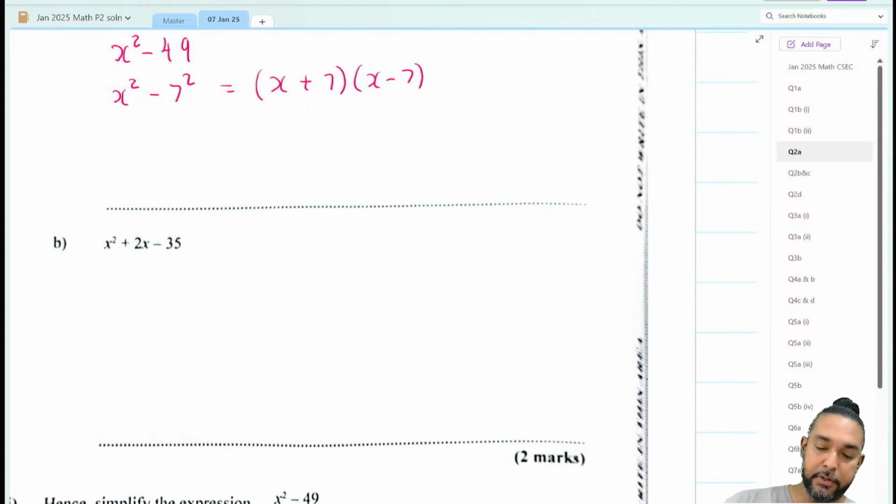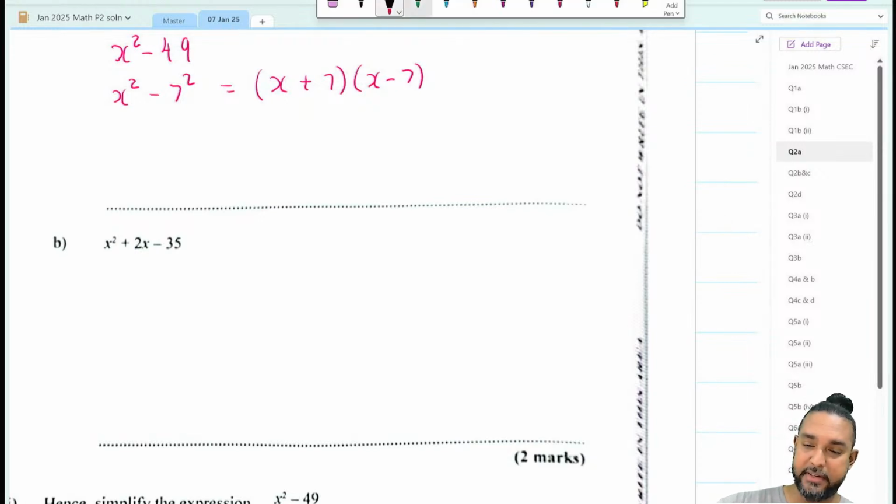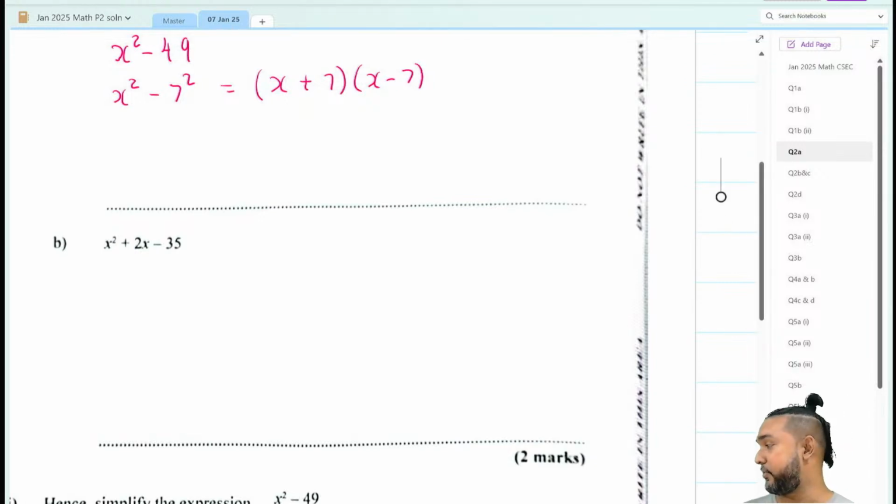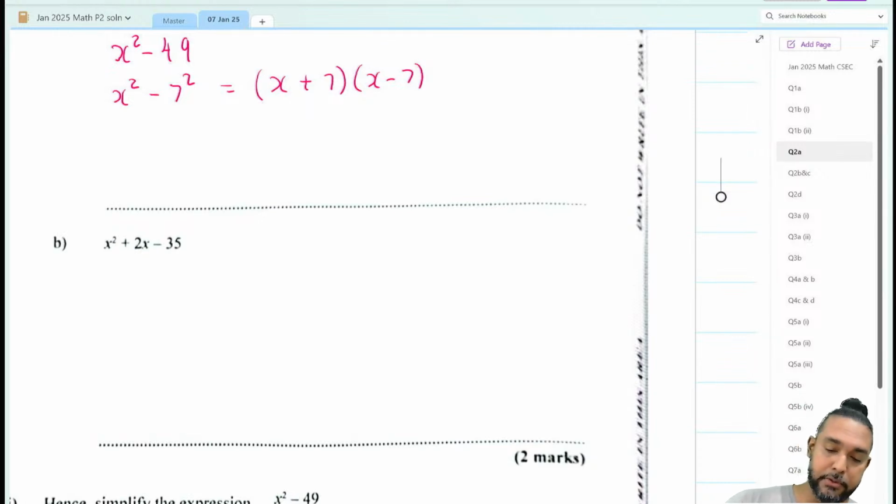All right, cool. So what we're gonna do here is a little shortcut, guys, just to save some time. If you want to see how to factorize quadratics, you could message me, and I could probably give you some free content. But here, long story short, it's 2 marks, so you're gonna have to show some kind of working.